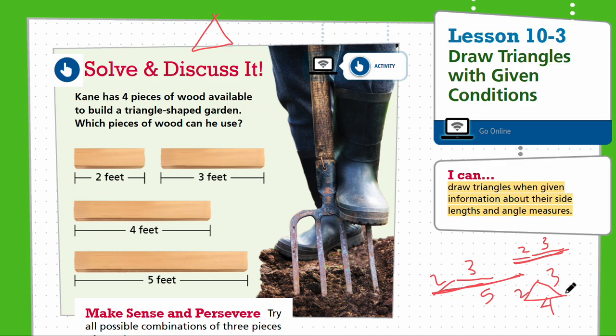So the 3rd piece must be smaller than the sum of the other 2 sides. Otherwise, if it's bigger, the two sides cannot meet the other endpoint of the 3rd side.